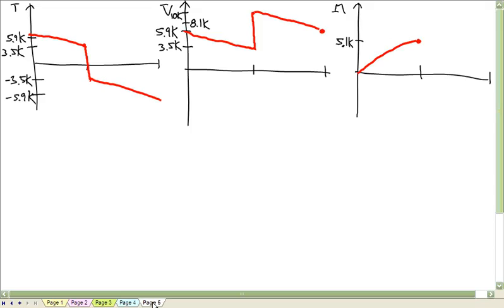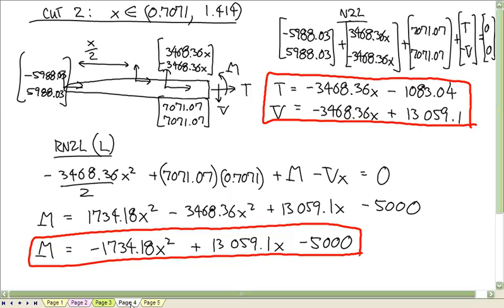So what we should get just by thinking physically about it, we don't have any couples at either endpoint, right? They're both pin joints. So we should have it starting and ending at 0 and meeting at a cusp. But I don't seem to be getting that. But let's pretend I did for now.